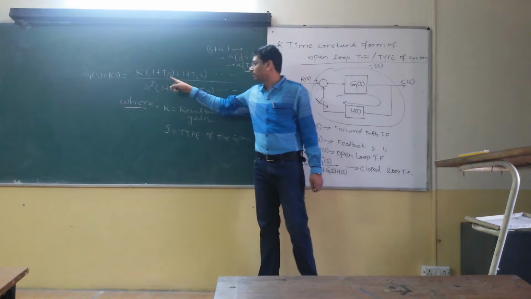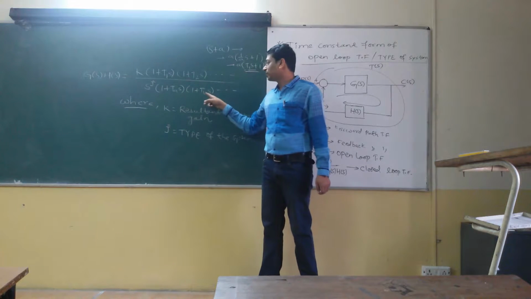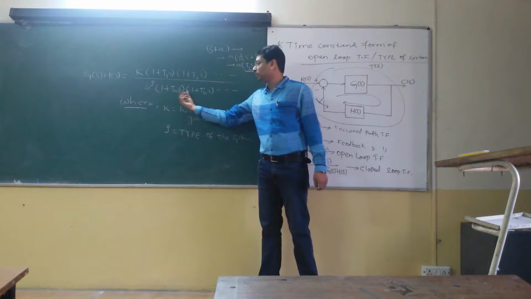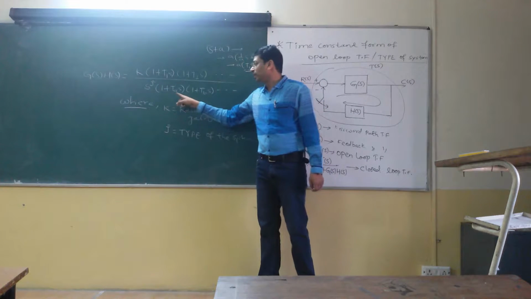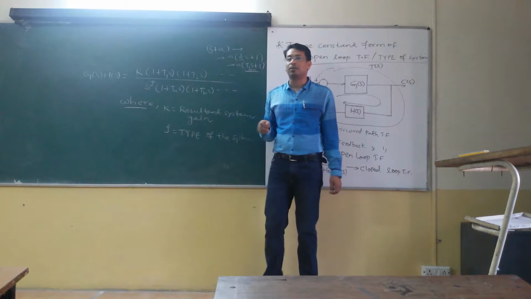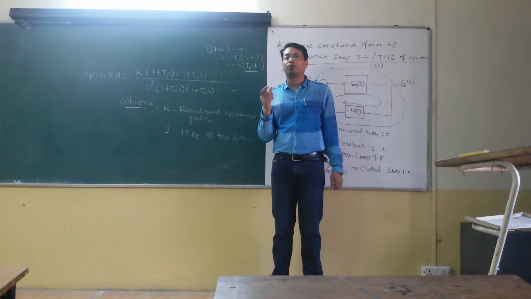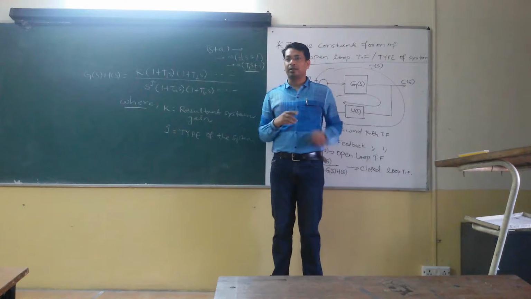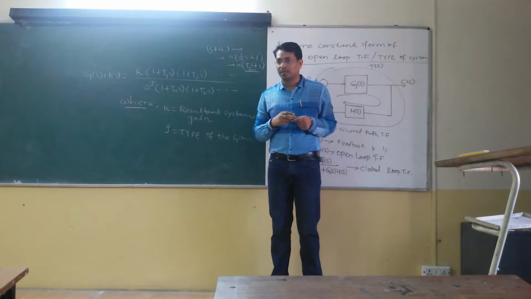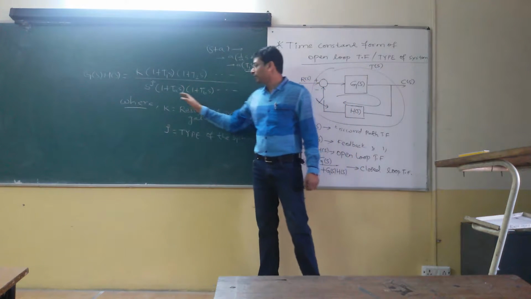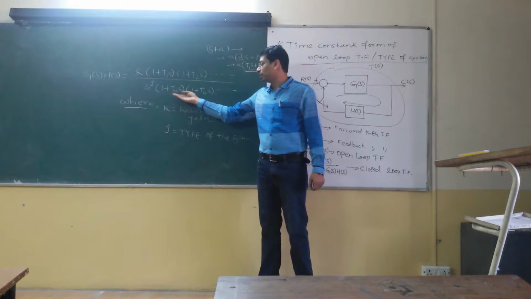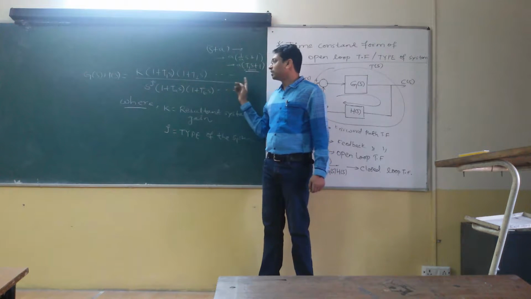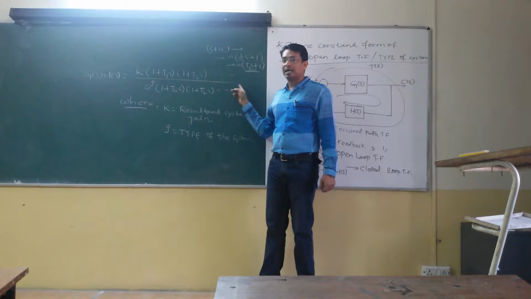That's why these terms T1, T2 and so on each multiply s and are added to 1. These multiplied terms are nothing but the time constants of the individual components available in your overall system. If you arrange the open loop transfer function in this form, this particular form is known as the time constant form.